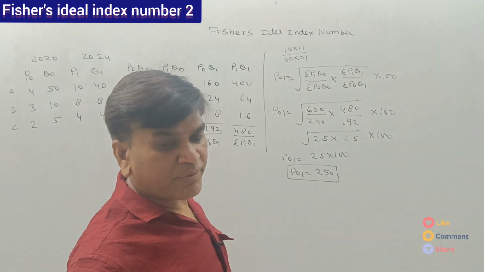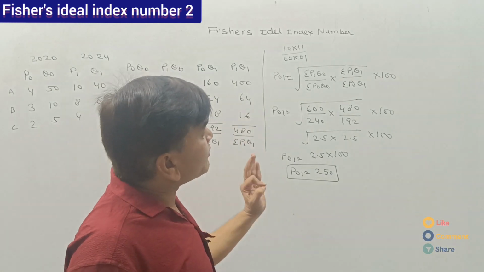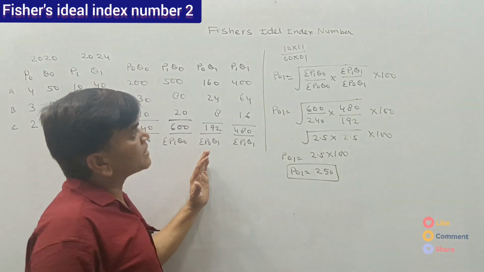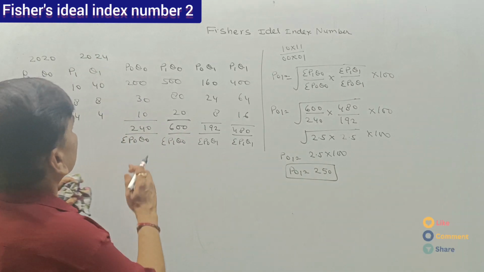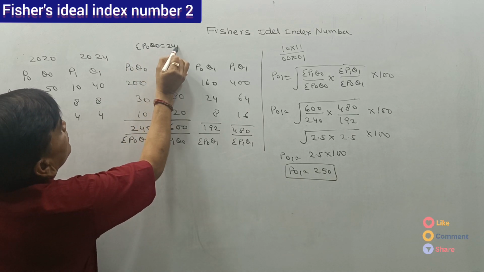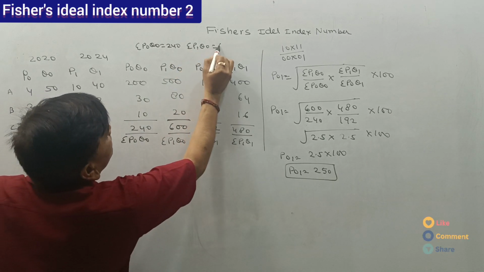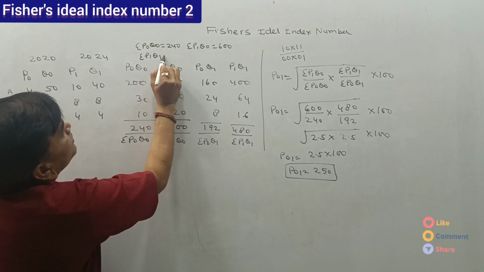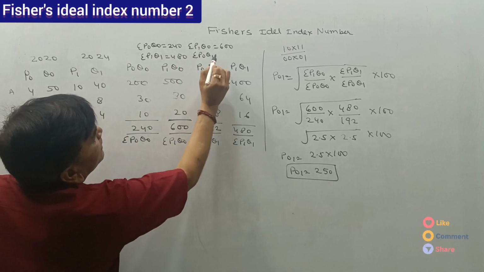Now we will see why this is called the ideal index number. First we will satisfy the time reversal test; later we will discuss the factor reversal test. Sigma P0 Q0 is 240, sigma P1 Q0 is 600, sigma P1 Q1 is 480, and sigma P0 Q1 is 192.